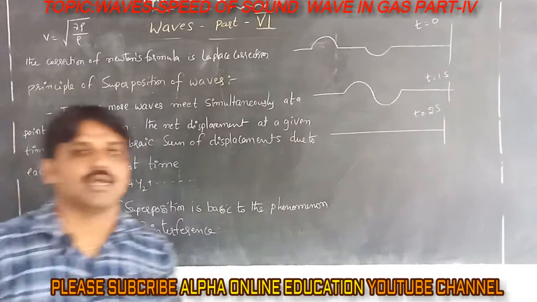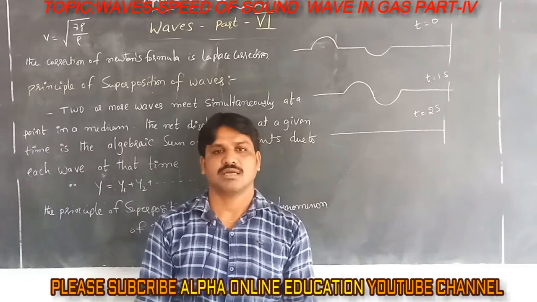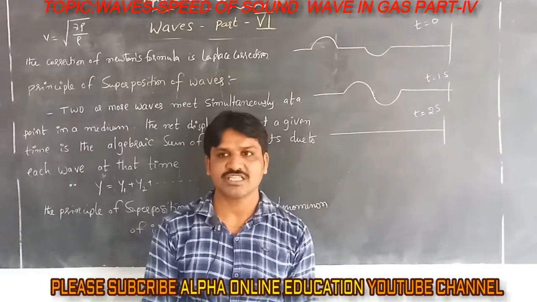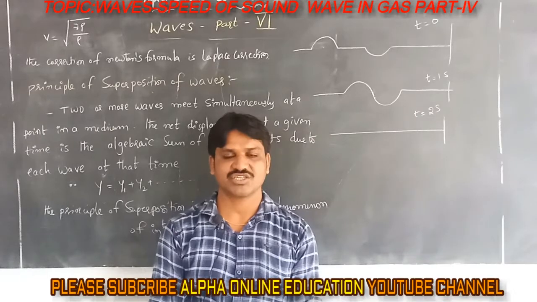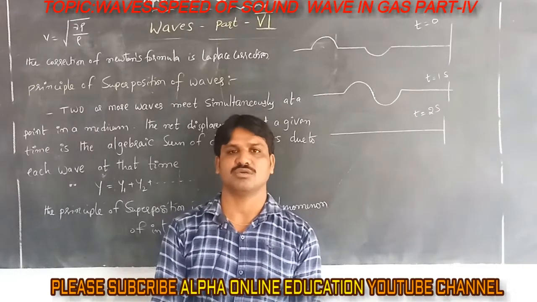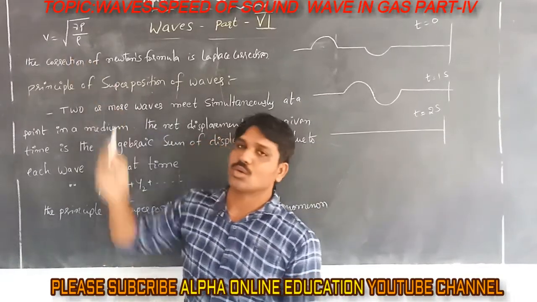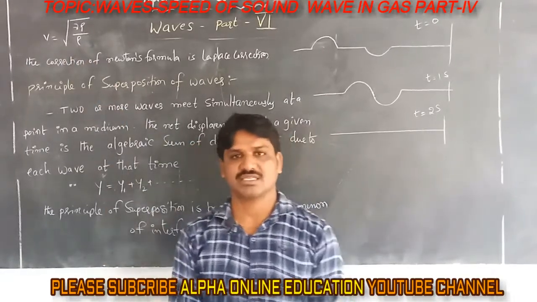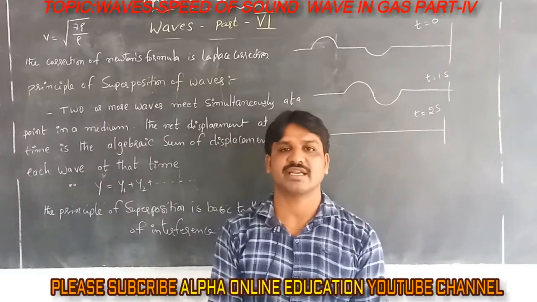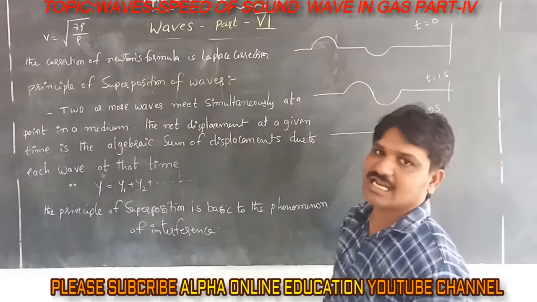So according to the Laplace correction, which is the correction of Newton's formula, the speed of sound is V equal to root gamma P by rho, and this gives the experimental value.